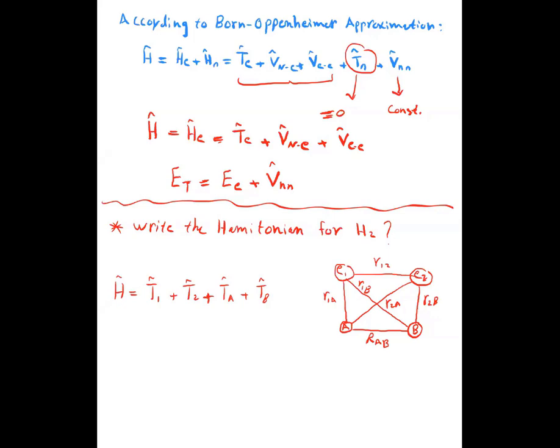Plus the potential: V 1A, plus V 2A, plus V 1B, plus V 2B, plus V 1 2 between the electrons, and also V AB.